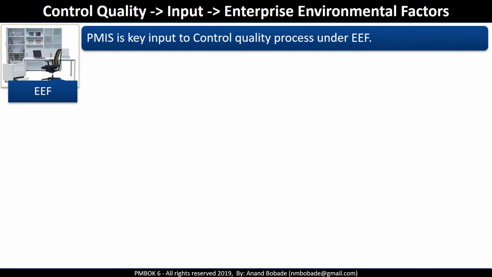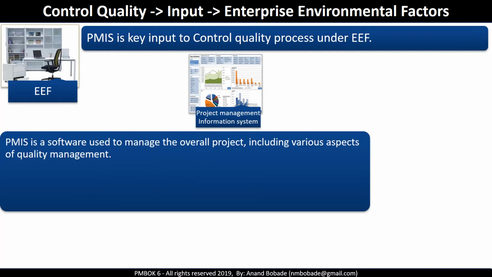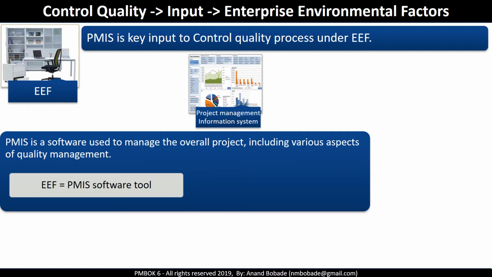Enterprise environmental factor. Project management information system. It is software used to manage the overall project, including various aspects of quality management. Generally, there is confusion with the project management information system as it also holds historical data from past projects. So keep in mind, the project management information system is an EEF because this software is implemented at organization level and it is the organization's asset.